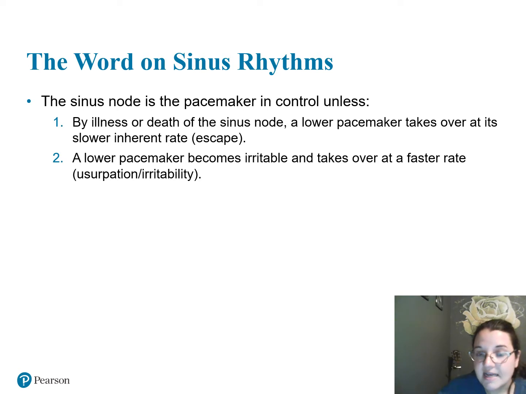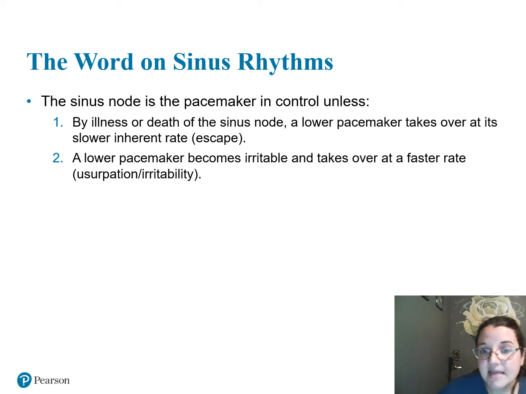The word on sinus rhythms is the sinus node is the pacemaker in control, unless by illness or death of the sinus node a lower pacemaker takes over at its slower inherent rate. This is known as an escape. A lower pacemaker becomes irritable and takes over at a faster rate, and this is called usurpation and irritability.